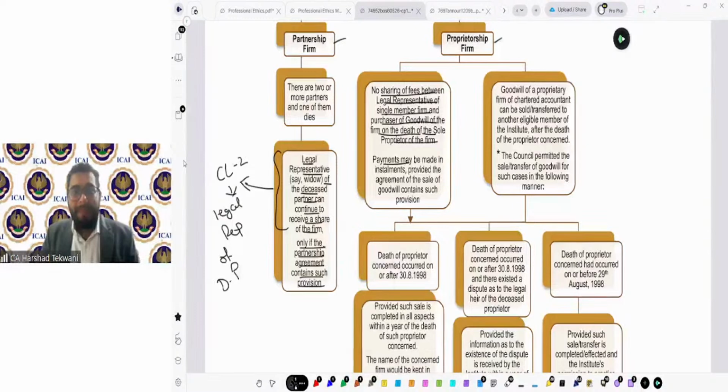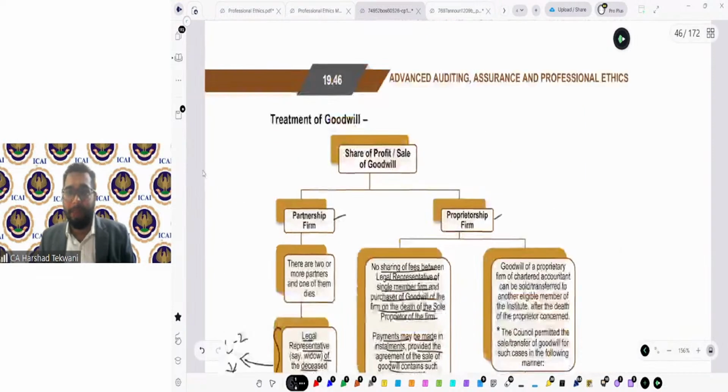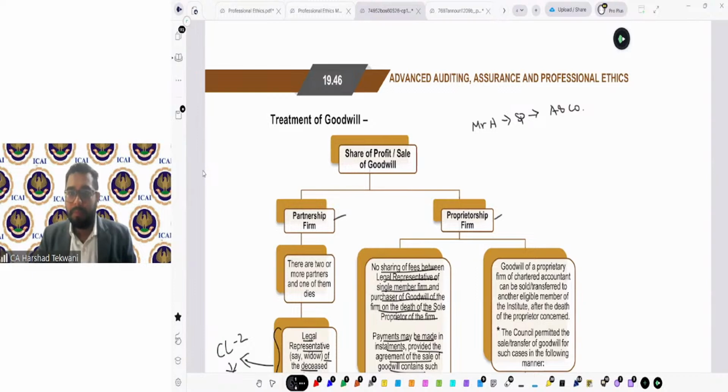Payments may be made in installments, provided the agreement of sale of goodwill contains such provisions. Let's say, for example, Mr. A, sole proprietor of A&P company, died.